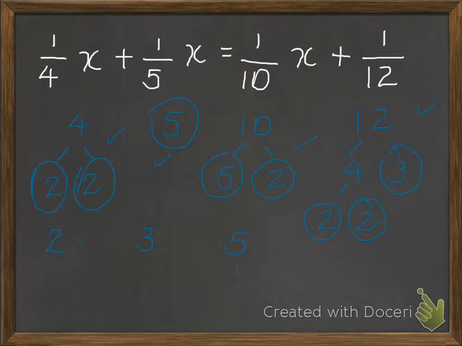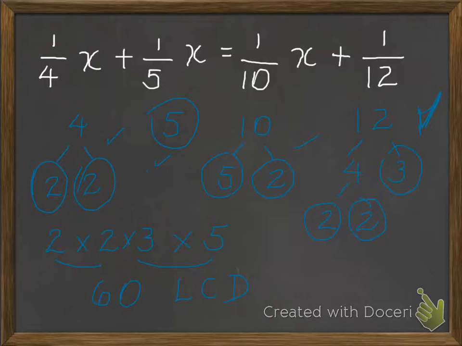So we write it twice. 3 just appears once, so we write it once. And 5 appears once, so we write it once. Then we multiply these numbers together. We have 4 times 15, that is 60. So 60 is our lowest common denominator.